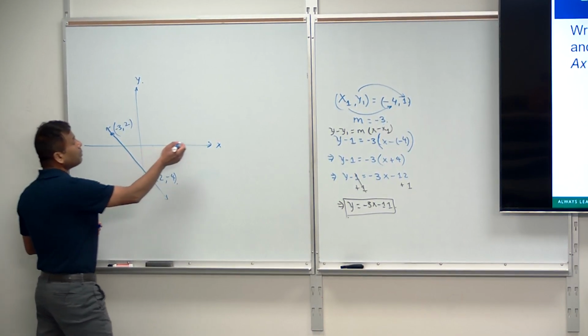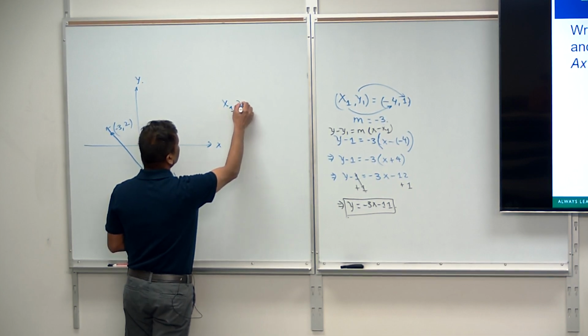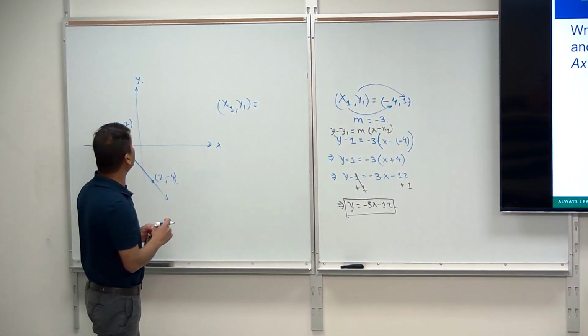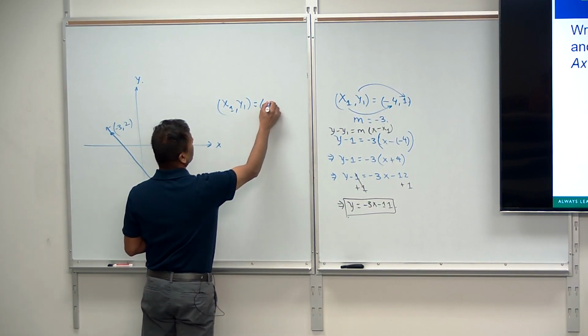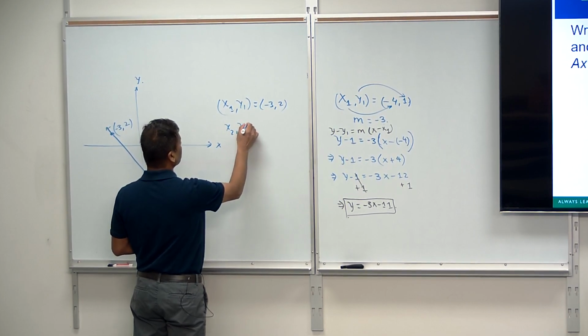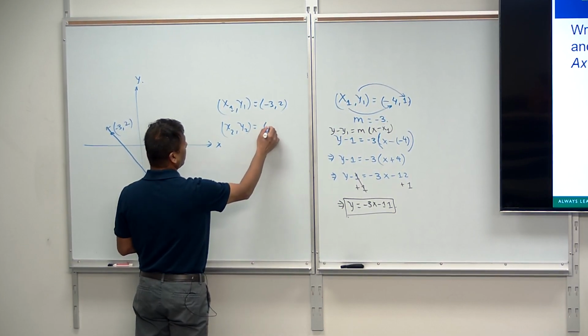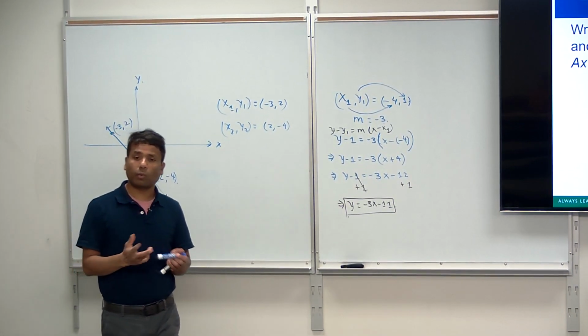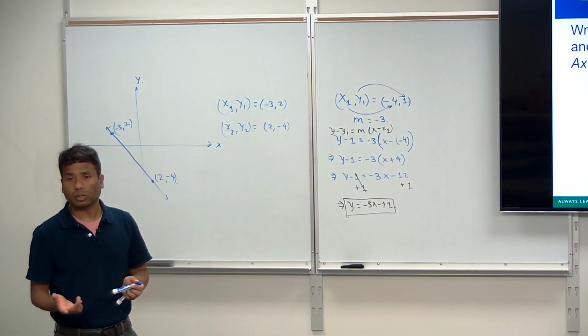You consider one point as x1, y1. You can consider either point as x1, y1. So let's say x1, y1 is negative 3, 2, and x2, y2 is 2, negative 4. If you have two points, you can find the slope.